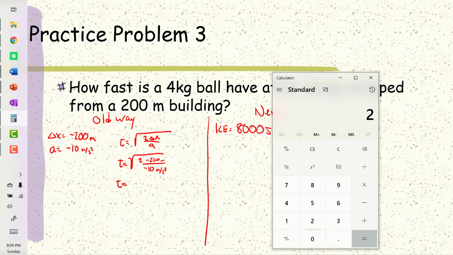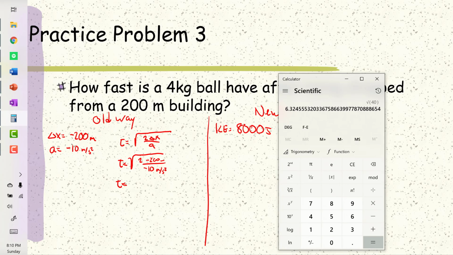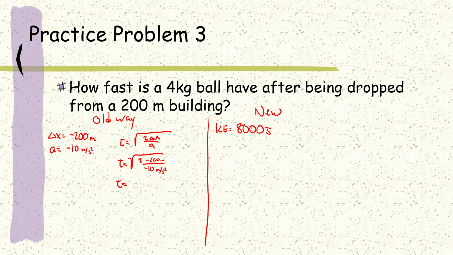So 2 times negative 200 divided by negative 10, and then the square root of that. There we go. So that's going to be 6.3 seconds. And then we also know that the velocity is acceleration times time, so negative 10 meters per second squared times 6.3 seconds. It's going to be falling at 63 meters per second by the time it hits the ground. Great. So that's the old way, two-step process, works fine.